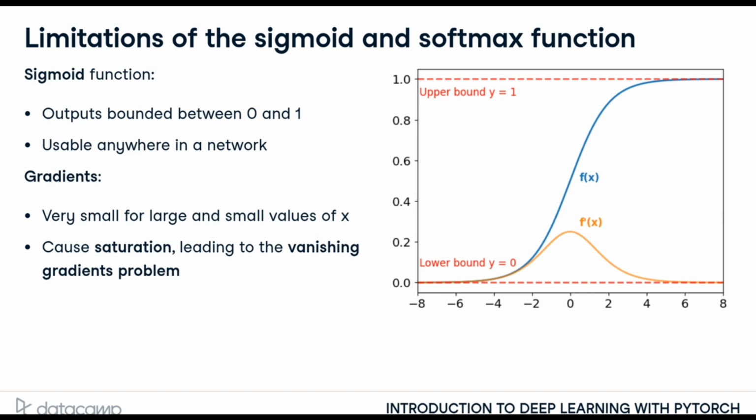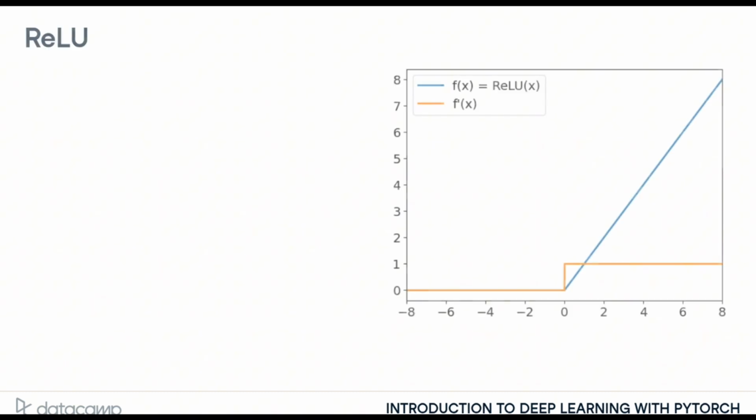The Softmax function, which also produces bounded outputs between 0 and 1, suffers from saturation in a similar way. Therefore, both of these activation functions are not ideal for hidden layers and are best used in the last layer only. We'll discover 2 widely used activation functions designed for use between linear layers or in hidden layers.